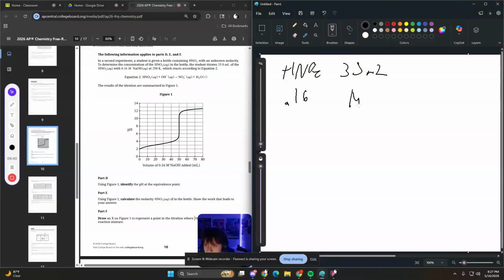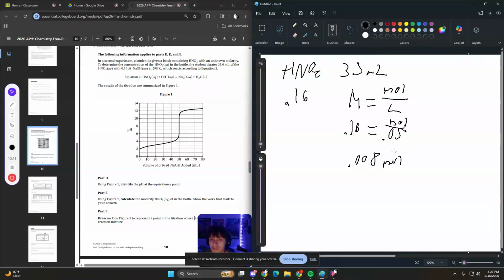So if we think back to our molarity equation, moles over liters, we would just plug that in. 0.16 over the 50 milliliters that we used, but converted to liters is 0.05 over moles. We would bring this over to this side, and then we will multiply, which would give us 0.008 moles. Okay, so now we remember that at the equivalence point, moles of base is equal to moles of acid.